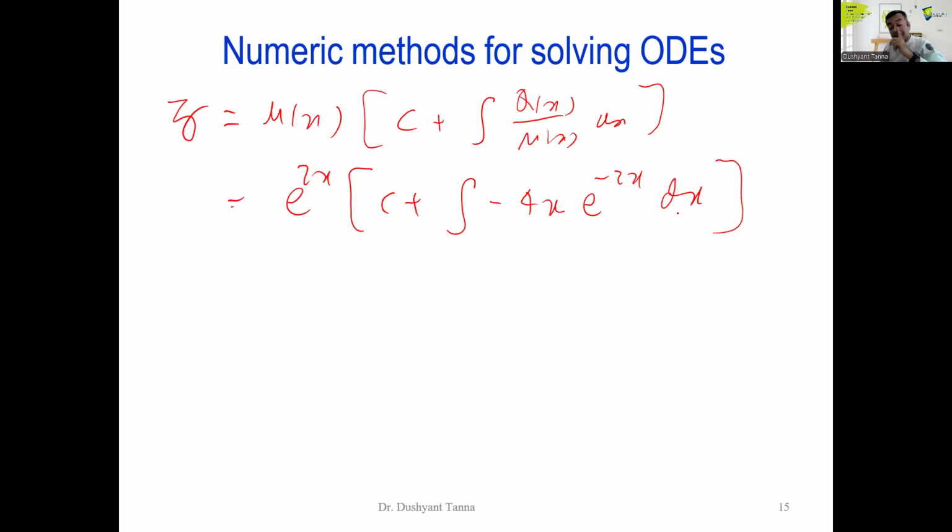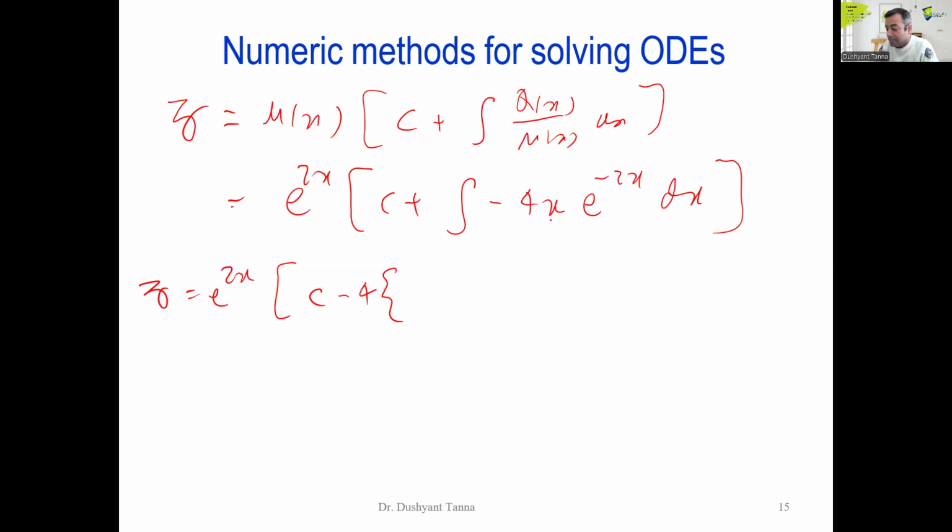Now, as you remember from last week, you could split out this integration part and put the value back, or you can continue. So if someone had to continue, your z is e raised to 2x, c plus, I'll just have a curly bracket to separate it. I would not worry about minus 4, so I will keep it outside.